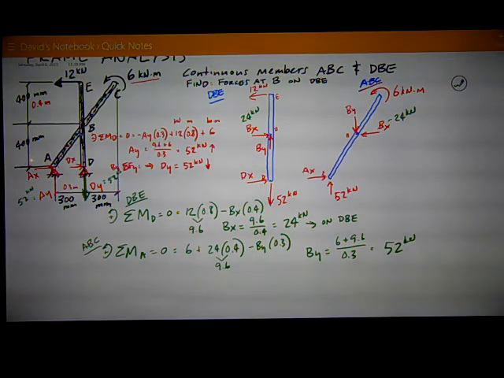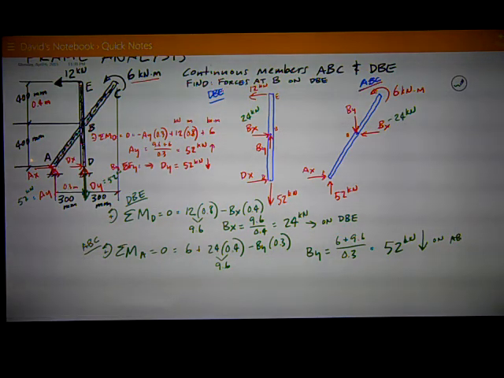The positive means it's the direction I assumed on ABC, so it's down on ABC. Therefore, it's up on DBE. It's 52 up on DBE and 52 down.